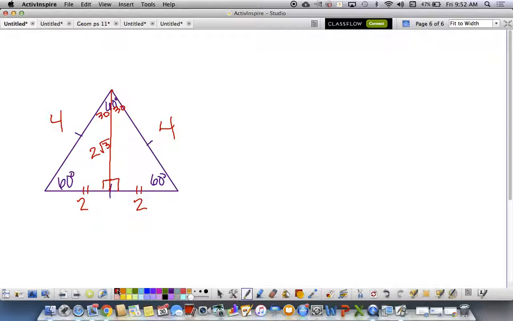Can I write the one Lily told me? If it's 30, 60, 90, what did you tell me those sides were, and where do they belong? The hypotenuse is 2s. The short side is s. And the long side is s on the square root of 3.